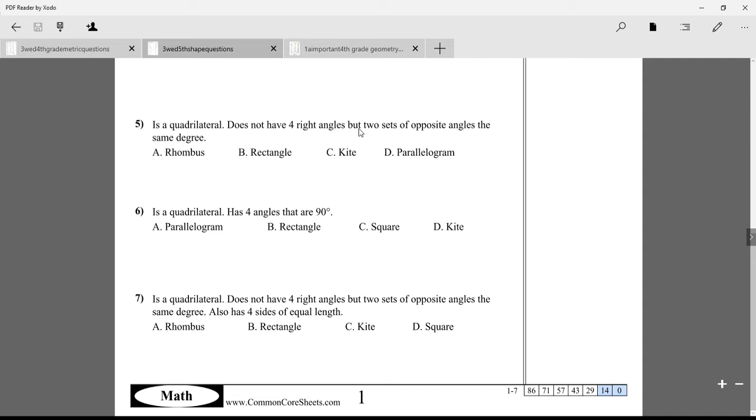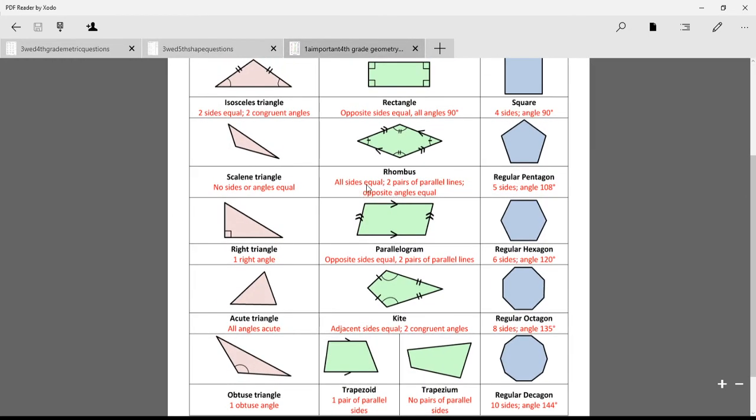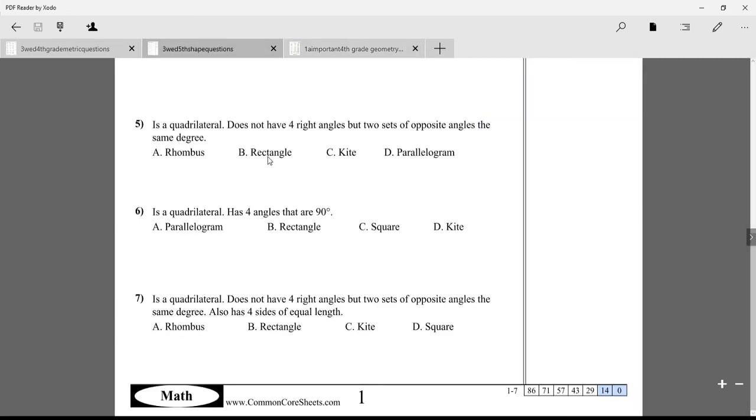So which has two sets of opposite angles the same degree? Let's just check this. The opposite angles are equal in a rhombus, but in a parallelogram, the opposite angles are not necessarily equal. So I guess I would just say a rhombus.